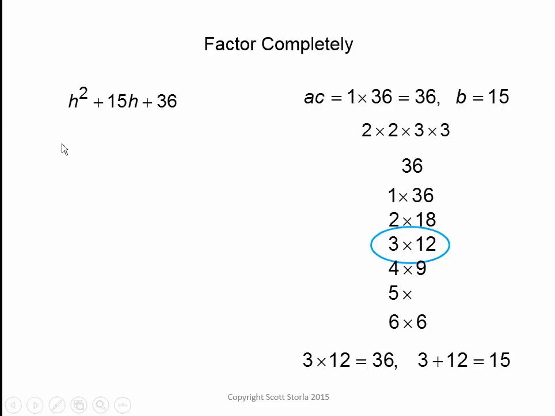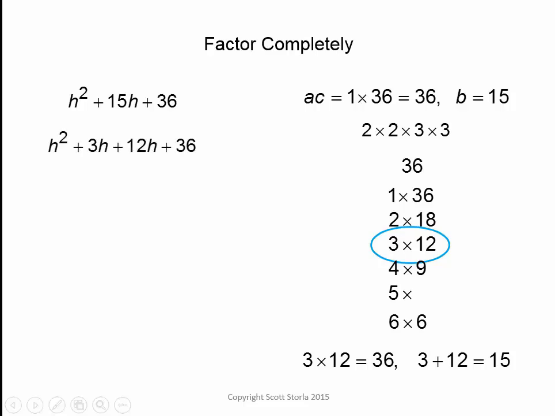The second degree term will remain the same, the constant will remain the same, but the 15h will be written as two like terms using my factor pair as coefficients. It'll be h squared plus 3h plus 12h plus 36.